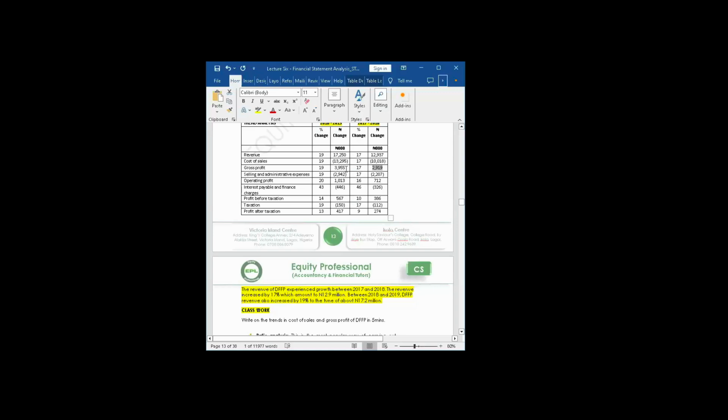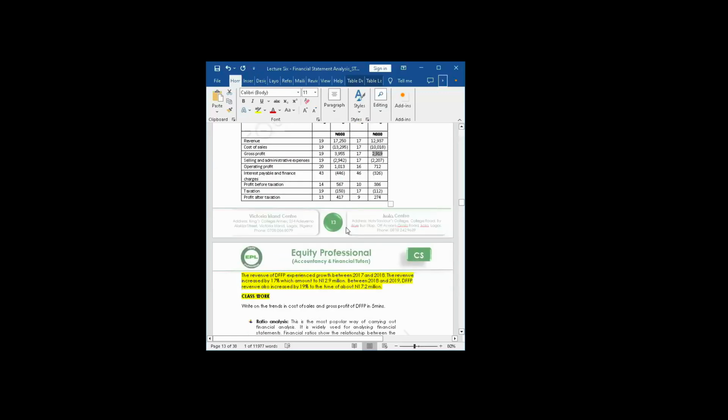It further increased by 19% between 2018 and 2019. It's very simple. No one is writing yet, so I'm reading, so that I can move forward with this class.